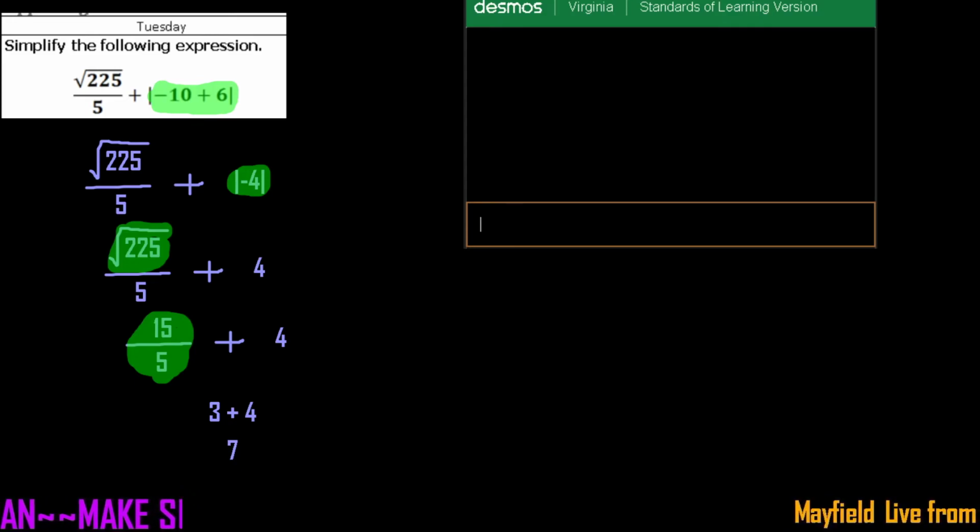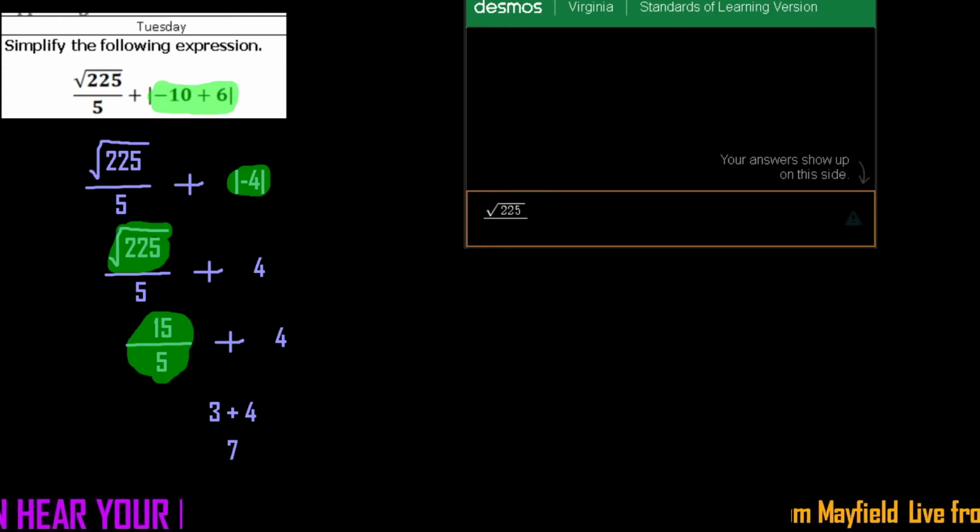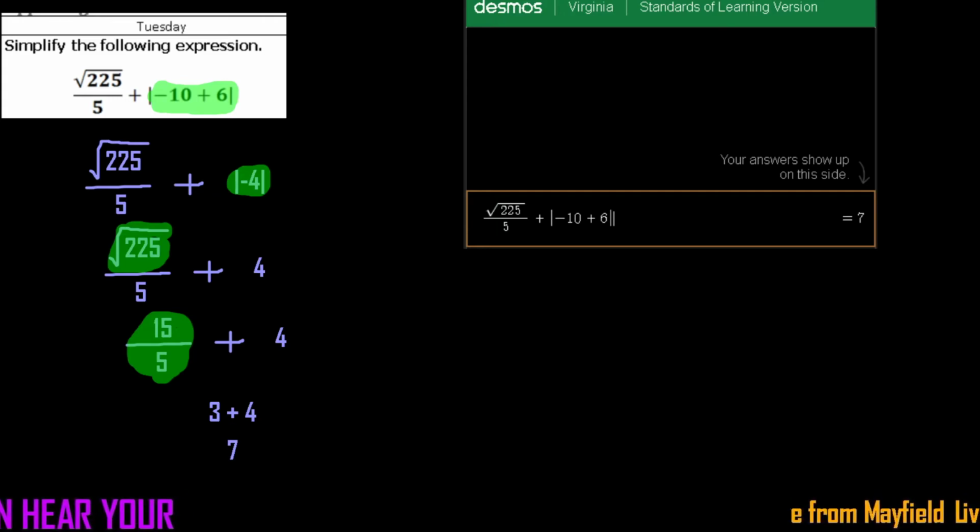So we're going to have the square root of 225, and that is divided by 5, and it says plus, and we have the absolute value of negative 10, and then plus 6. So again, if you're able to type in that expression exactly how it looks, and you're able to show your work on the side, that way you can triple check yourself, that way you know you're good.